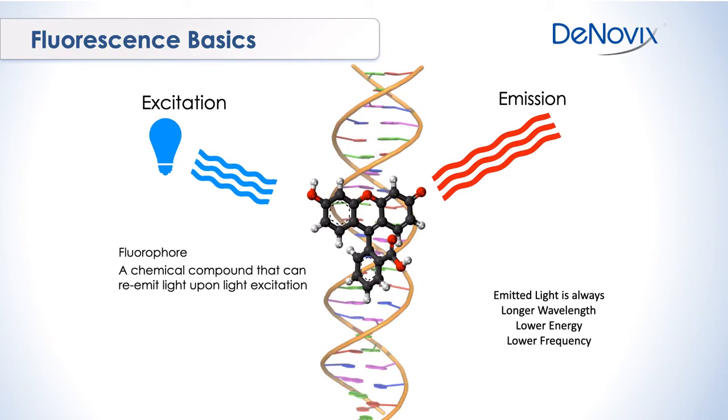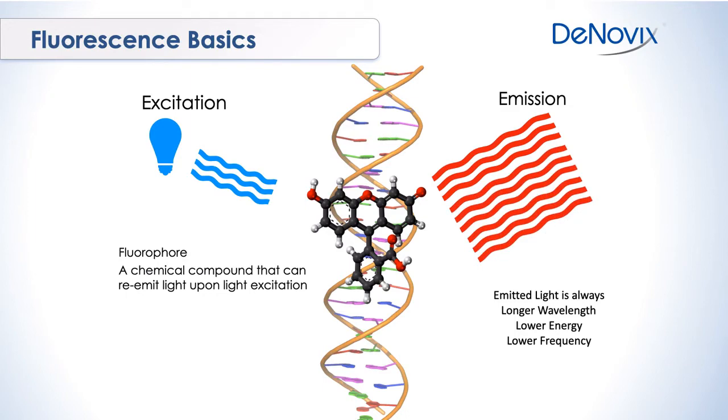Now, one of the properties that makes this useful in quantifying biomolecules is that once this fluorophore is bound to our analyte of interest, in this example here is DNA, the fluorescence emission is enhanced.